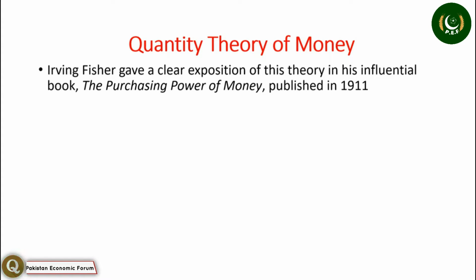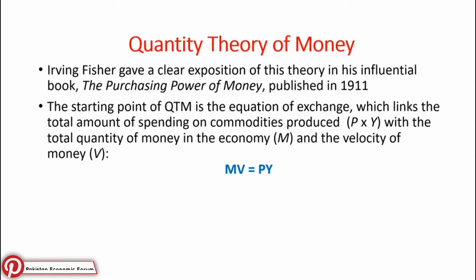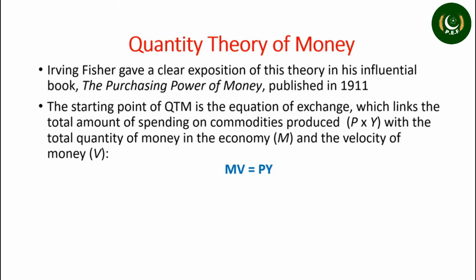The starting point of quantity theory of money is the equation of exchange. This equation of exchange links the total amount of spending on commodities produced with the total quantity of money in the economy and the velocity of money.